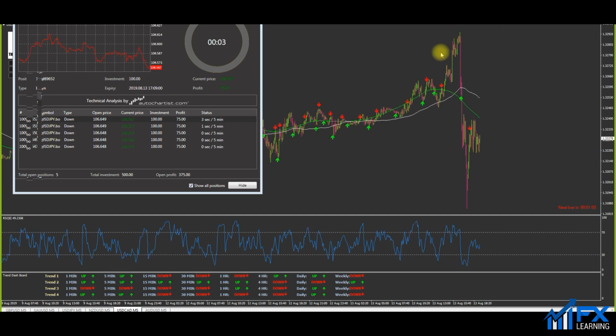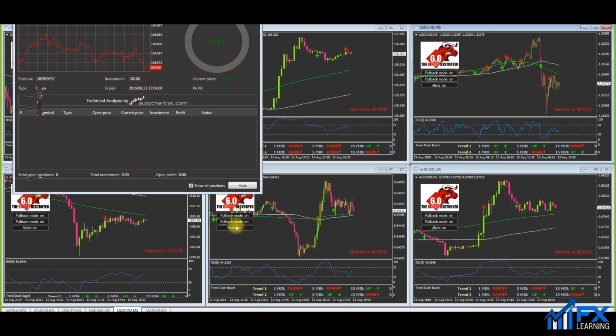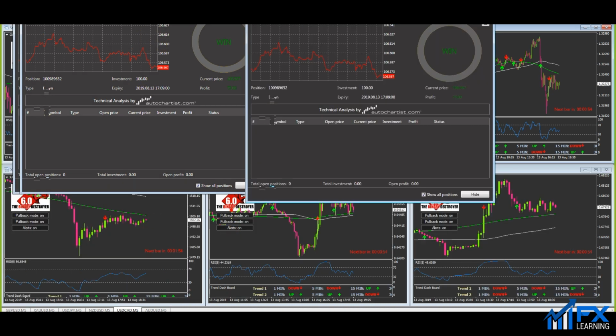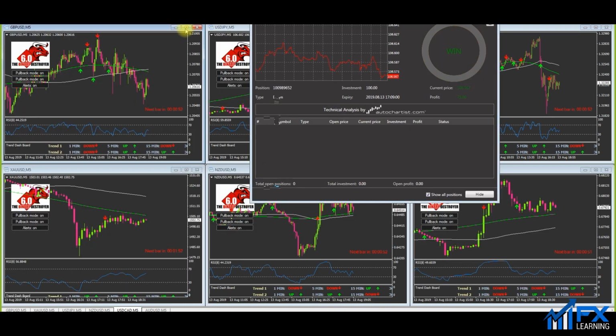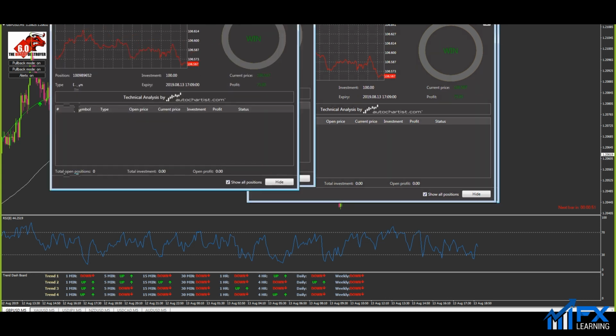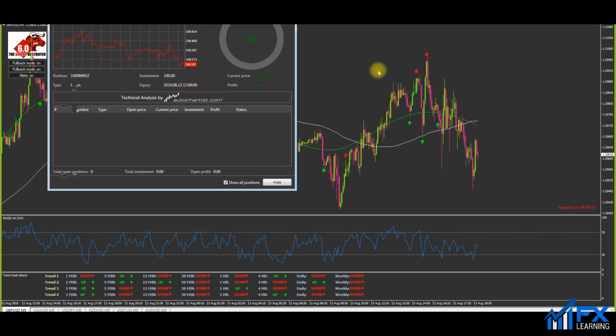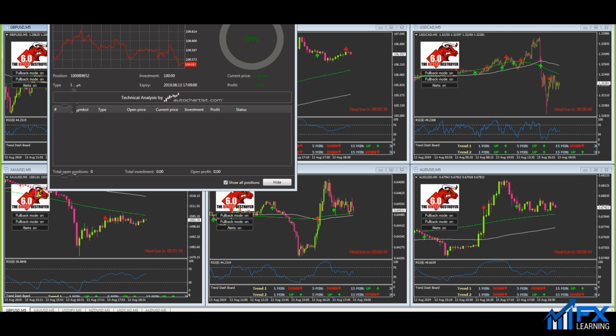Normally when this happens, there's a speech, news, or something that has influenced the market to make such a move, because looking at all the currency pairs, they have made some large moves. GBPUSD is on a downtrend at the minute. You can see we've just crossed over here. So what I'll do, everyone, is pause the video and I'll be back when I find my next set of trades.